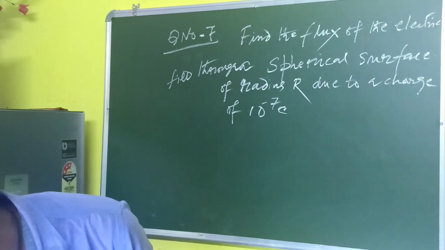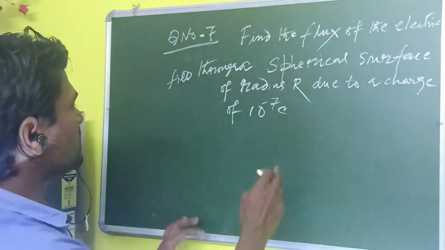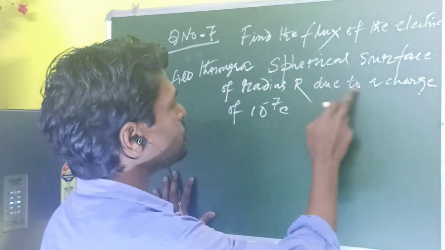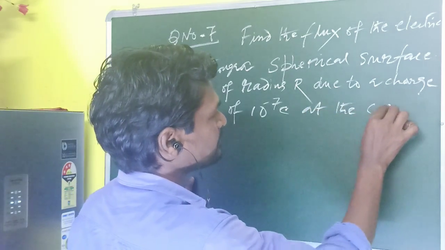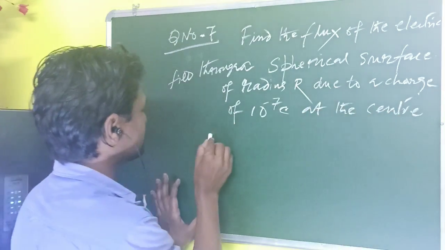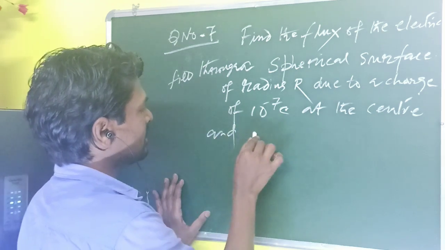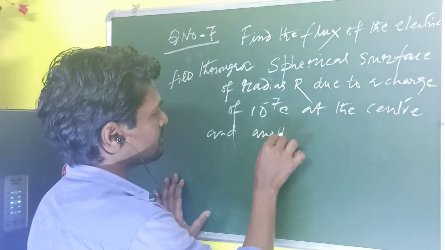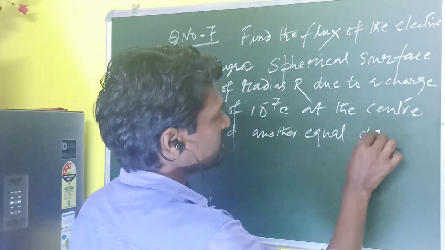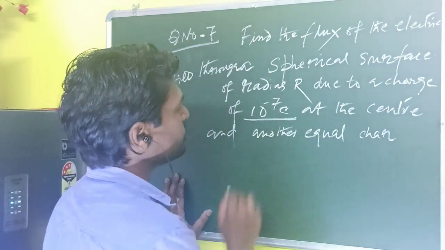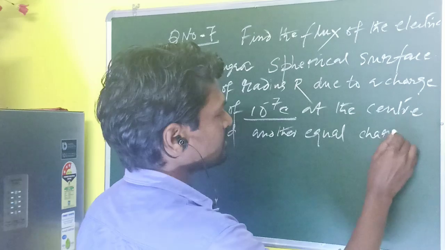Yes, 2 to the minus 7 at the center, and due to a charge of this at the center, and another equal charge, which means the value is 10 to the power minus 7.